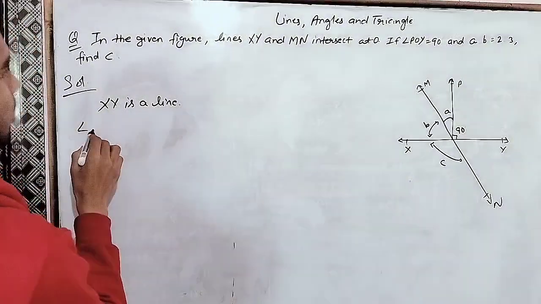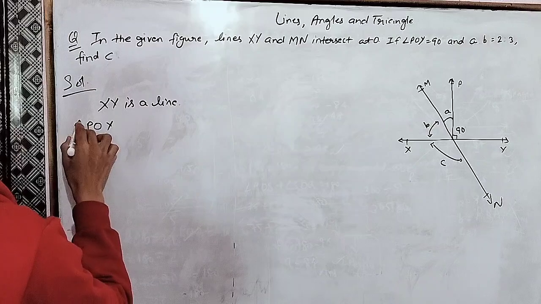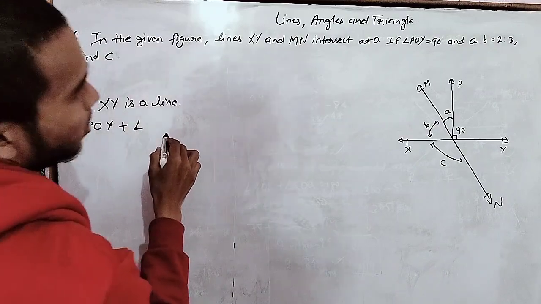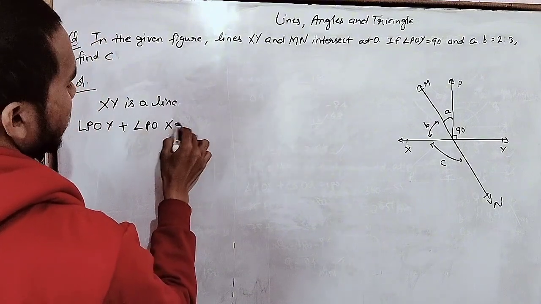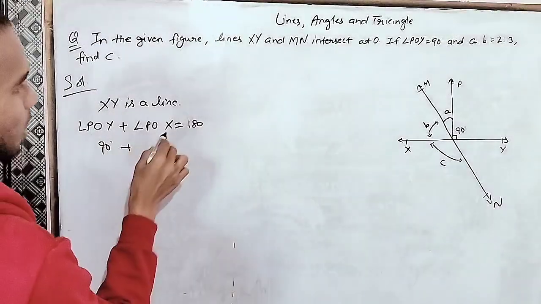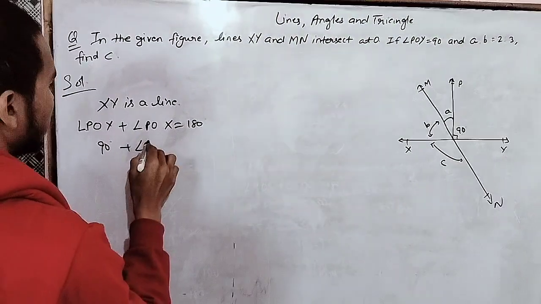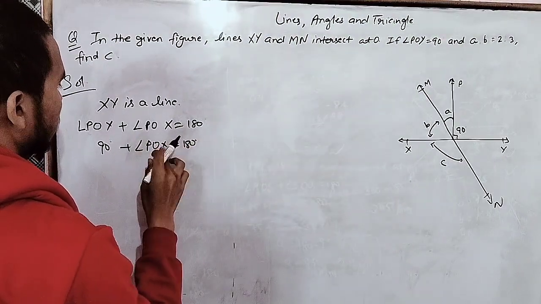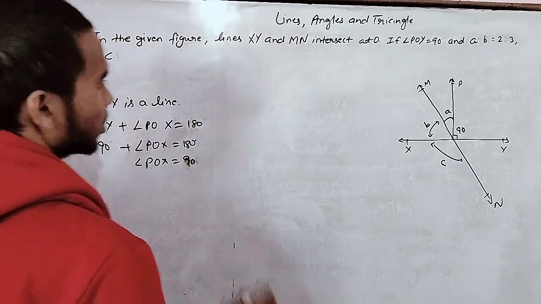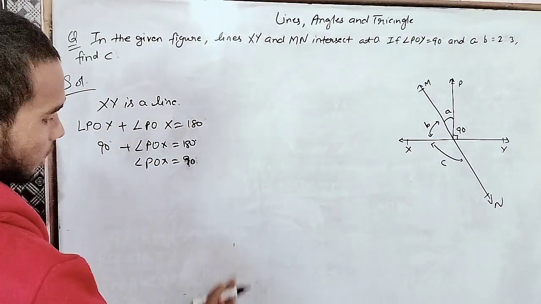So angle POY is a right angle, and then angle POX is 180. Then value of this is 90 degrees and value of this we don't know. 180 degrees, POX 90 degrees. So value of this is also 90 degrees. Okay, 90 degrees.